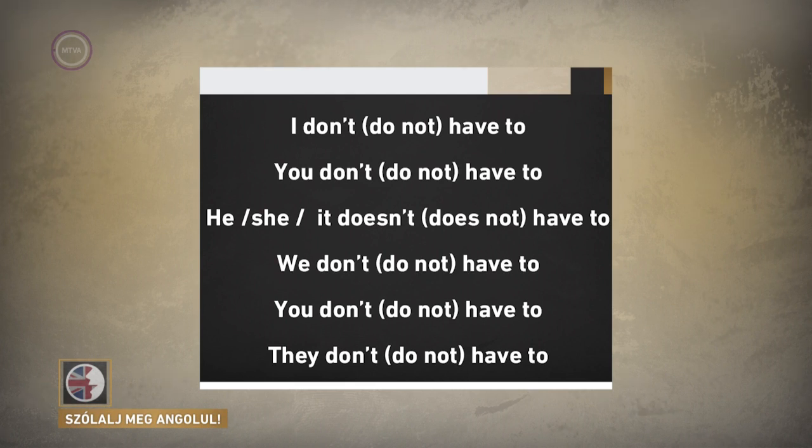They don't, do not, have to. Okay, so it's not very complicated, is it? No. We just have to remember to conjugate the verb correctly and then follow it with have to and an infinitive without to. Simple. Okay, so that's the form we have to use.